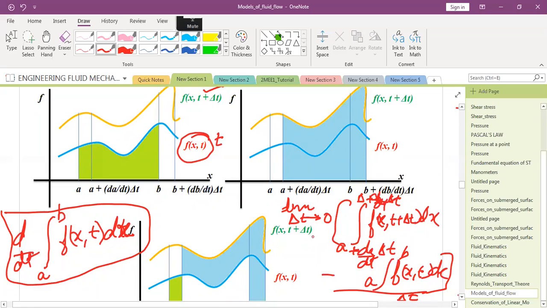So this actually results in an expression which is different.